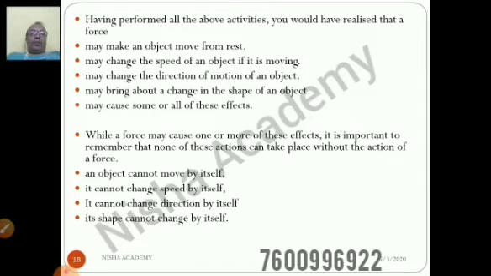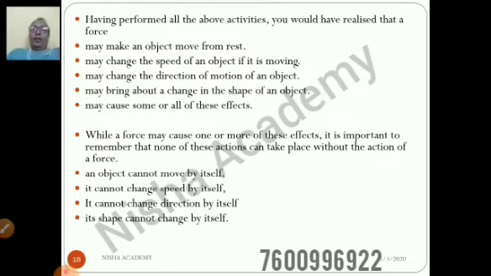While force may cause one or more of these effects, it is very important to remember that none of these actions takes place without the action of force. Means an object cannot move by itself. An object cannot change its speed by itself.